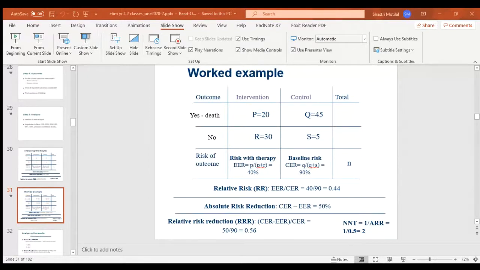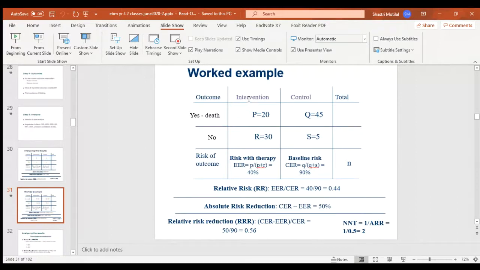If the control event rate and experimental event rate are equal, you're going to get a relative risk of 1. So a relative risk of 1 means that both groups were the same. It means there were no differences between the treatment and the control. In other words, the treatment is as good as the control, no difference.